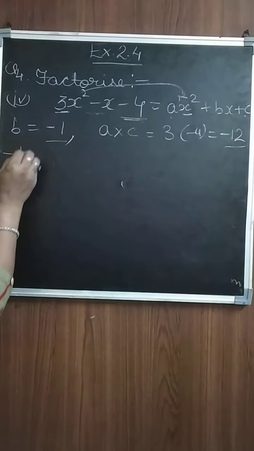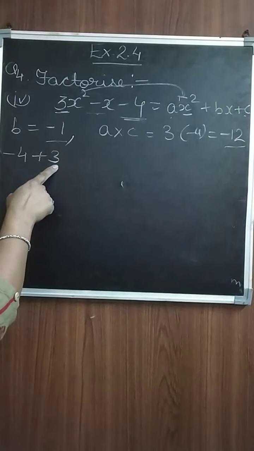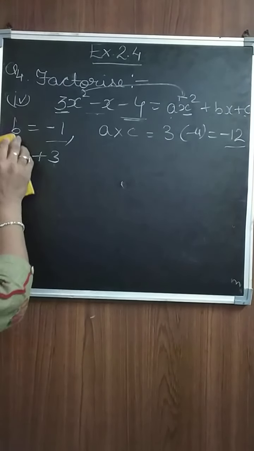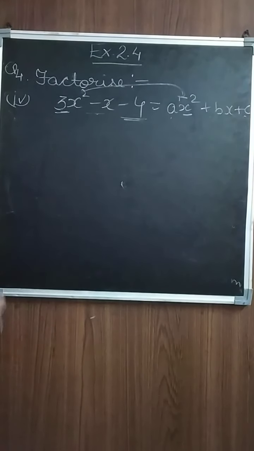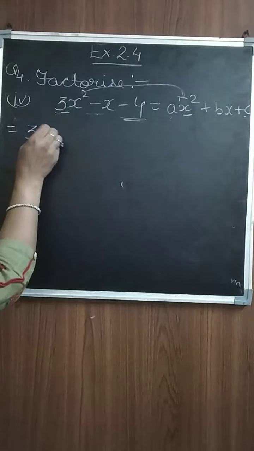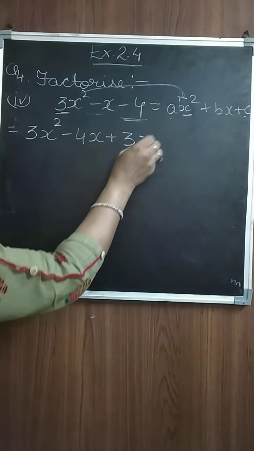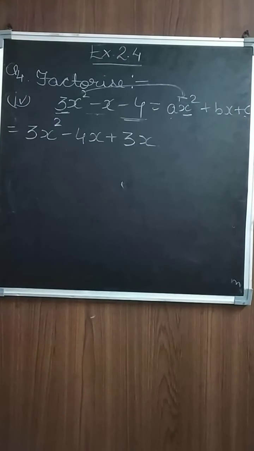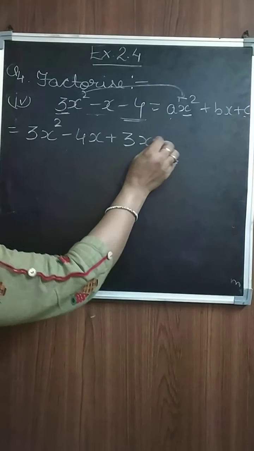I think if we take minus 4 plus 3, minus 4 plus 3 is minus 1 and minus 4 into 3 is minus 12. So let's solve it by this. Split the middle term: 3x square minus 4x plus 3x. Minus 4 is the greater number, so the minus sign will come.